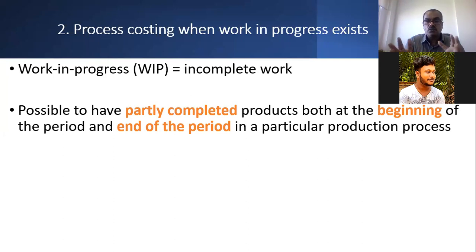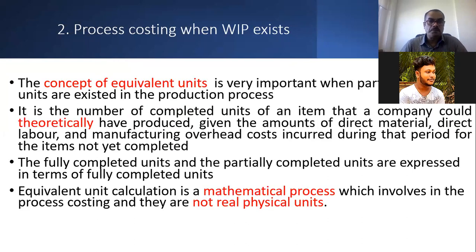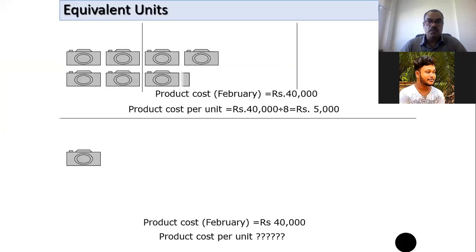So these are the two basic assumptions behind the calculation of unit cost in a process when we have work in progress. This particular technique is called equivalent units. It's simply a mathematical process.